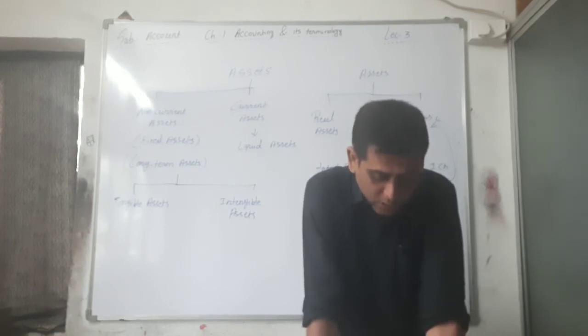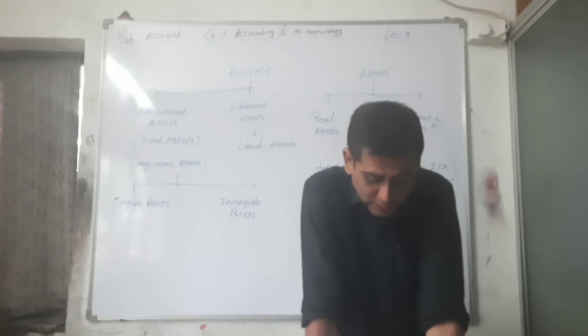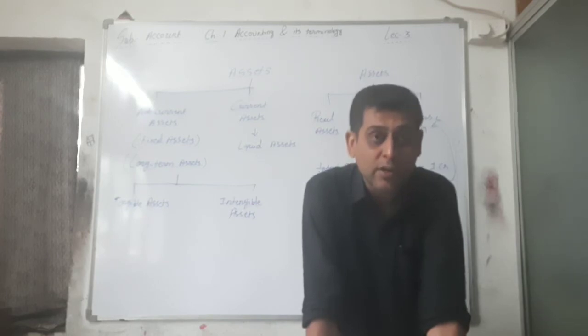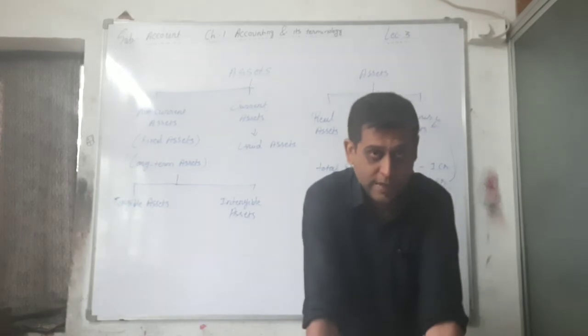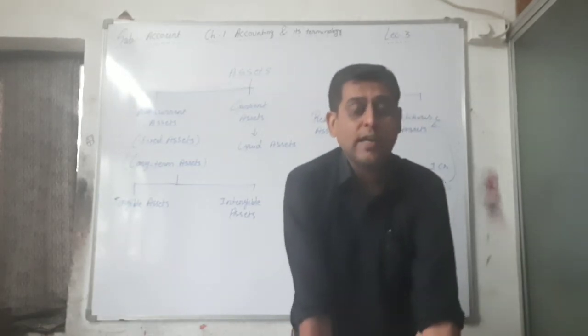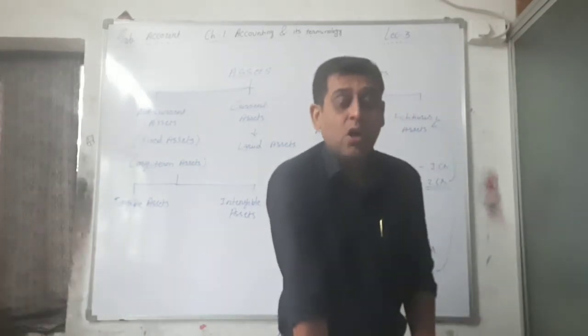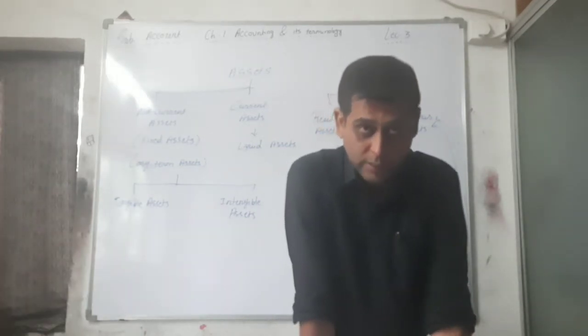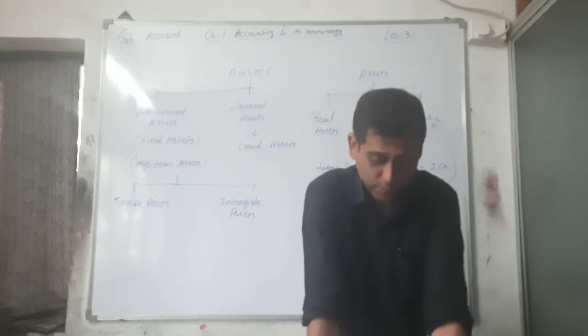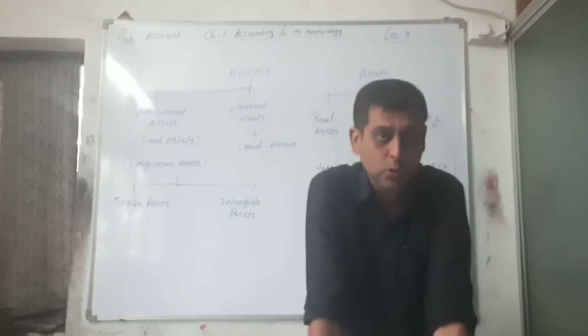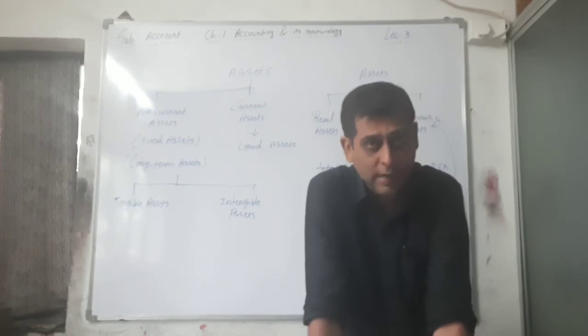Fictitious assets are also known as spread revenue expense or deferred revenue expense. If they ask what is a fictitious asset, you have to write this, or if they ask to write about deferred revenue expenditure, you also have to write this again.